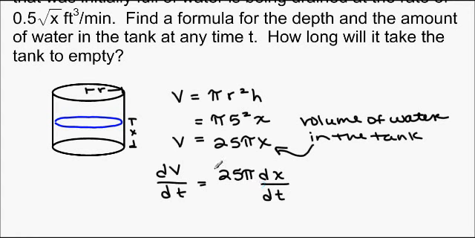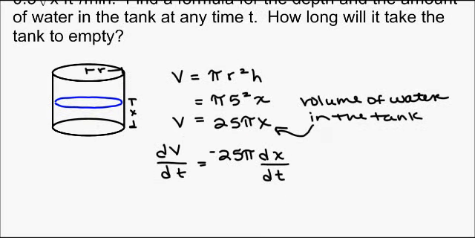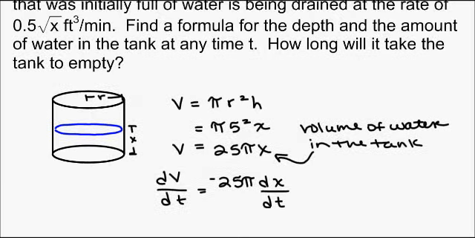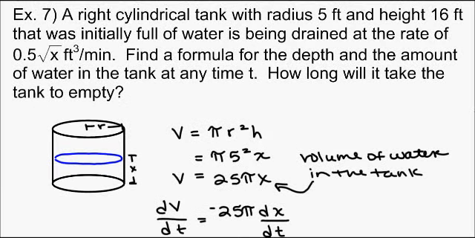And really, since this is draining, this should be negative, because my water is draining out of the tank. Okay, and I know from my problem that the water is being drained at a rate of 0.5 square root of x feet cubed per minute.